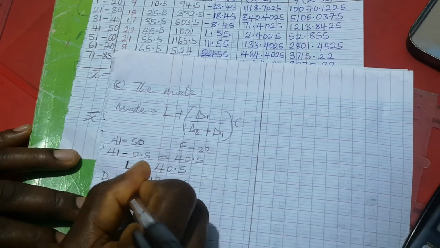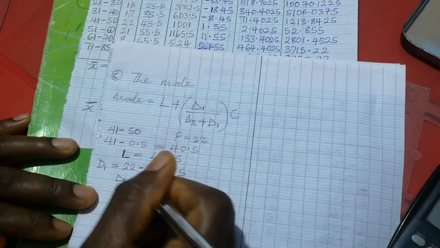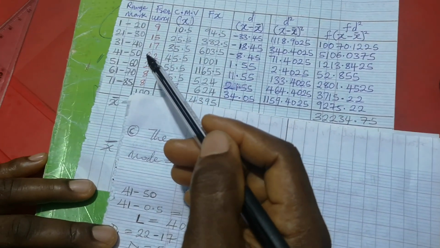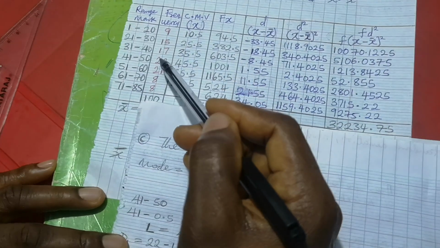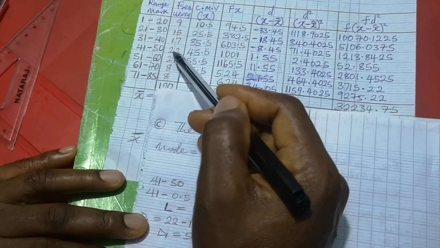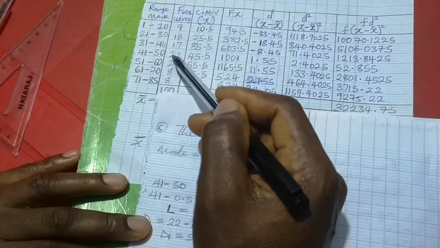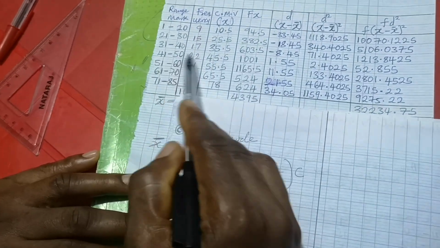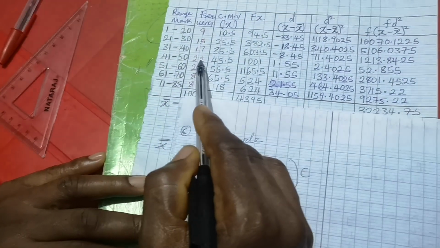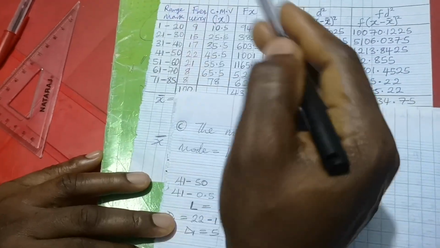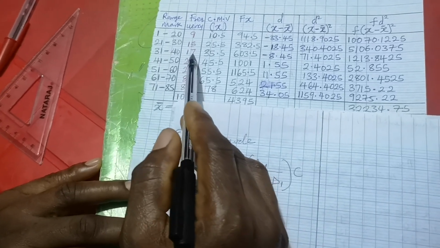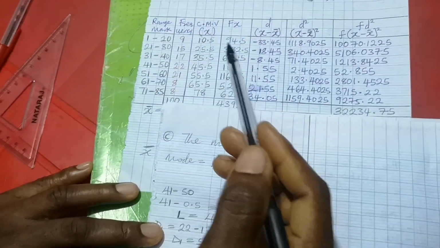So D1 is equal to 5. Like I said, D1 is gotten by subtracting 17 from 22. If you do the subtraction, you will get 5.